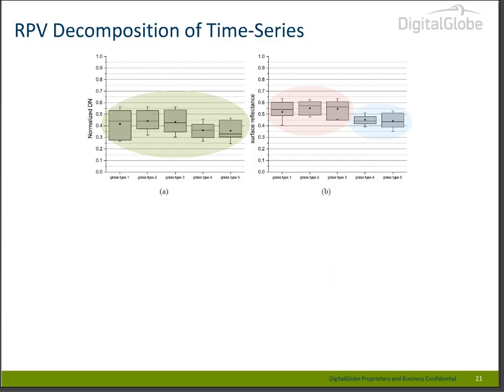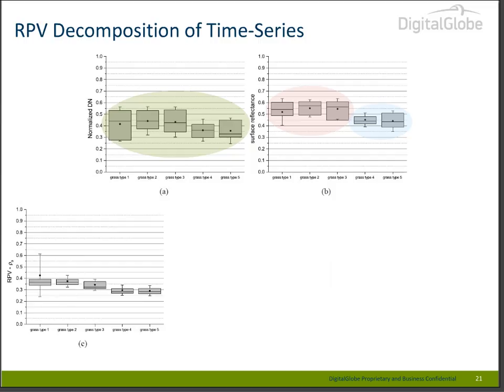Now, if we want to take this further and discriminate different kinds of vegetation cover, we should also analyze the angular component of our data set. To do this, as I said, we use the RPV model. The first component is the amplitude, which is very closely related to surface reflectance. So it is not surprising that we can easily find a threshold to discriminate between healthy and less healthy vegetation.